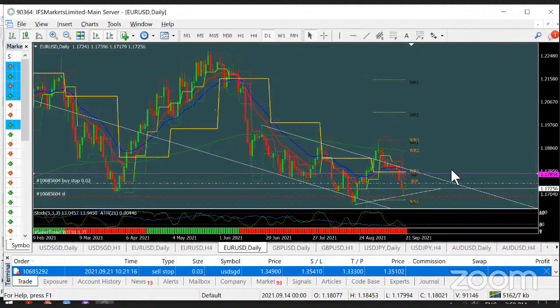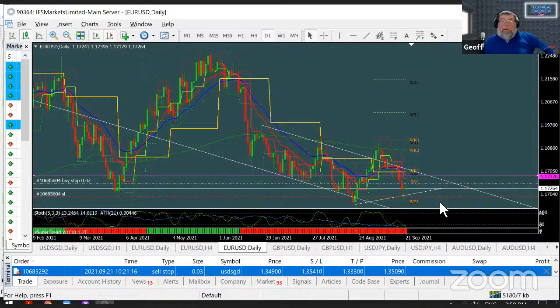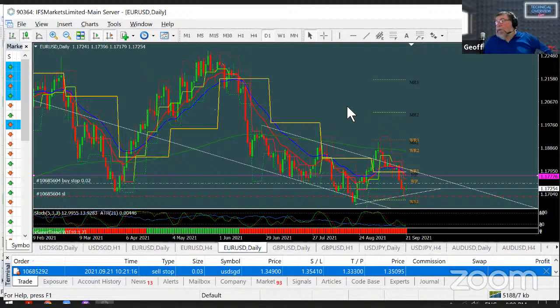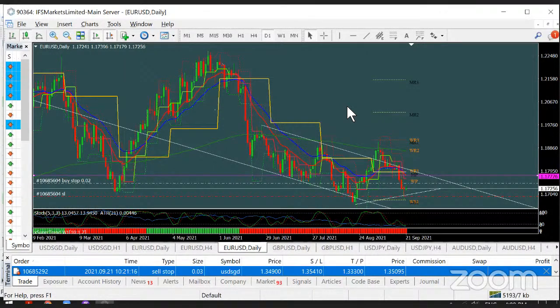Not at the moment. I was thinking maybe if it hits the monthly pivot, or maybe around here. Yeah, we're going to get a lower high. Yeah, a lower high, and then it will go short. I like it. Yeah, I like it, but that's not going to stop me trading it up to the monthly pivot.